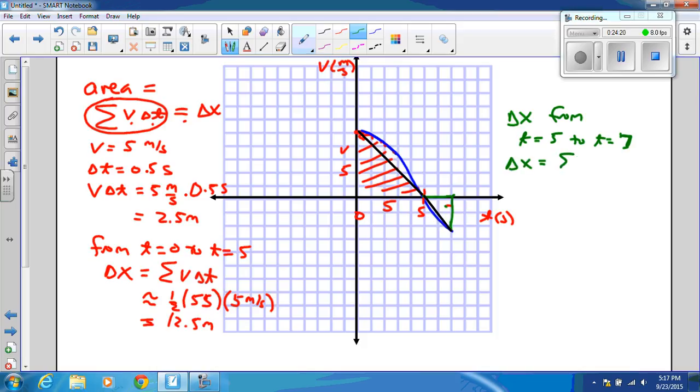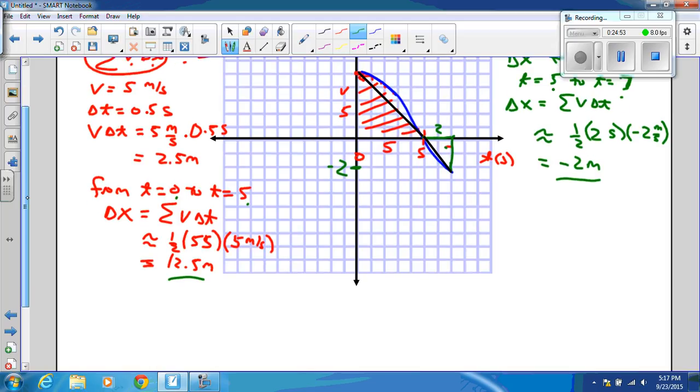So the delta x from t equals 5 to t equals 7, again, is the sum of velocity times time, which is approximately, using the triangle, 1/2 of base times height, so approximately 2 seconds times the height of -2 meters per second, which gives me approximately -2 meters.